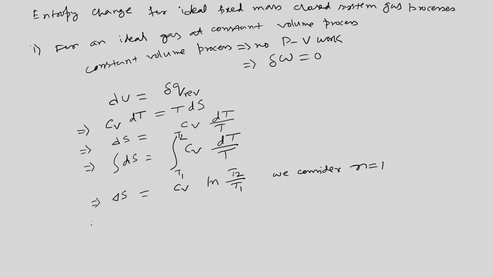For n moles, we can write delta S is n Cv ln T2 by T1. So, if n equals 1, delta S system rather, we are considering the system, delta S is Cv ln T2 by T1. For n moles, delta S is n Cv ln T2 by T1.